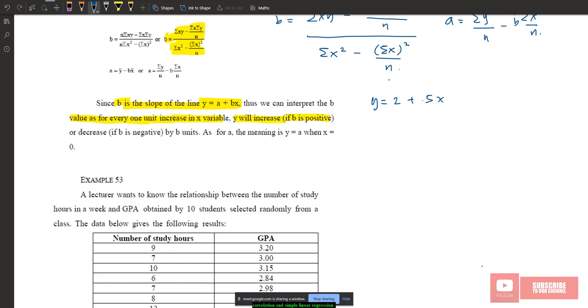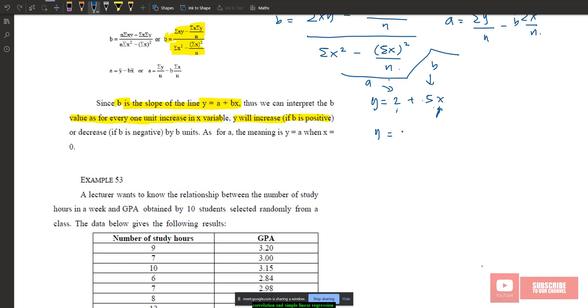So this is actually B and this is actually A, right? Because B is a positive value, for every unit increase in X, Y will also increase, right?